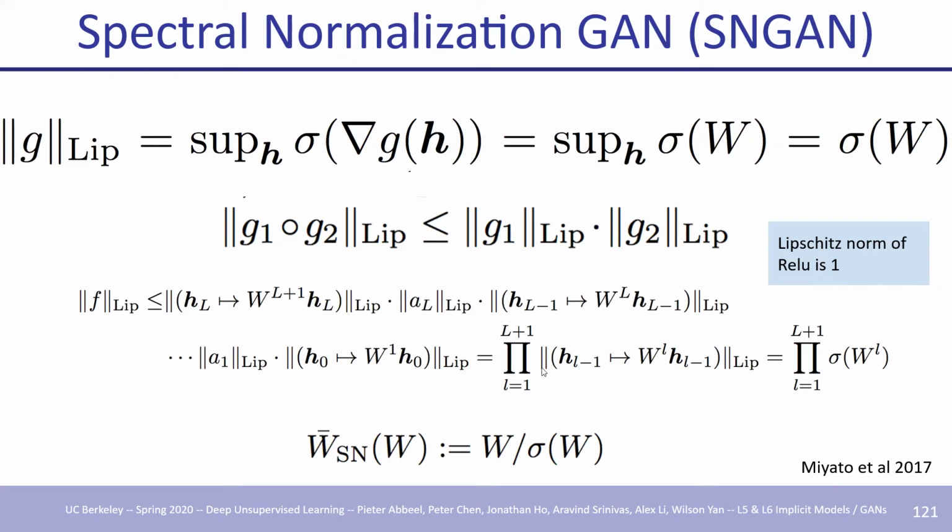Then after that, we have this product, which is mapping from one layer to the other. And we've already seen in the first line that this is just the spectral norm of the matrix.